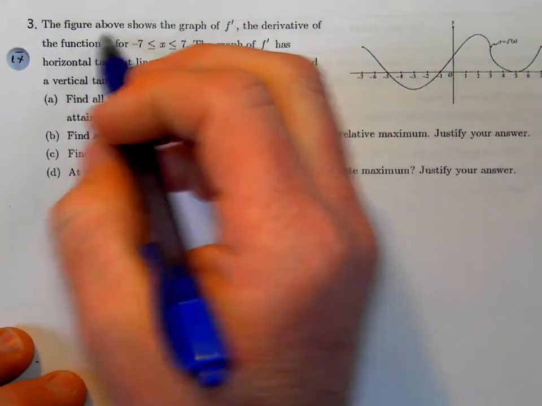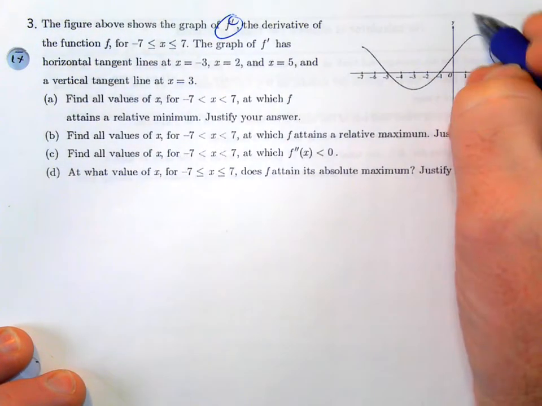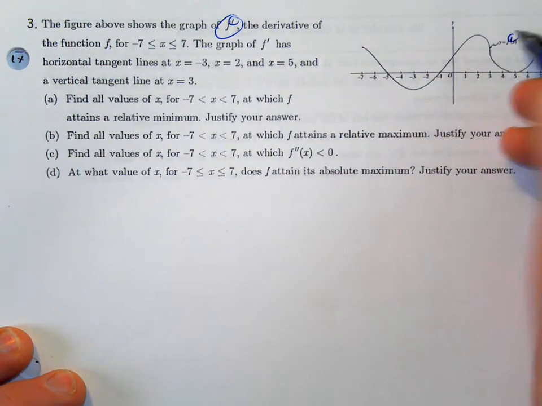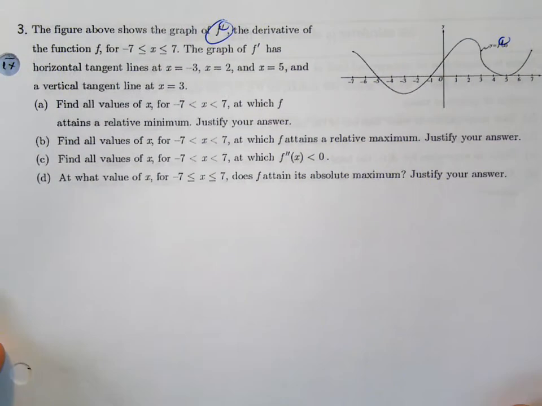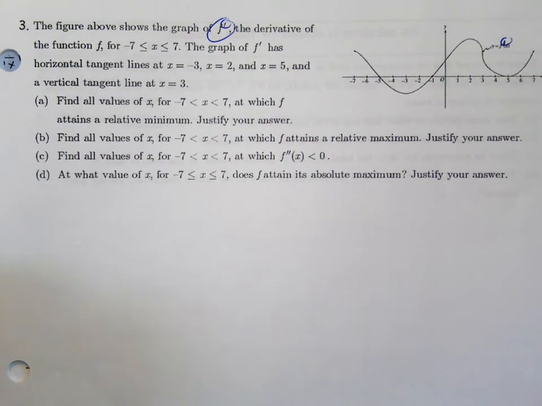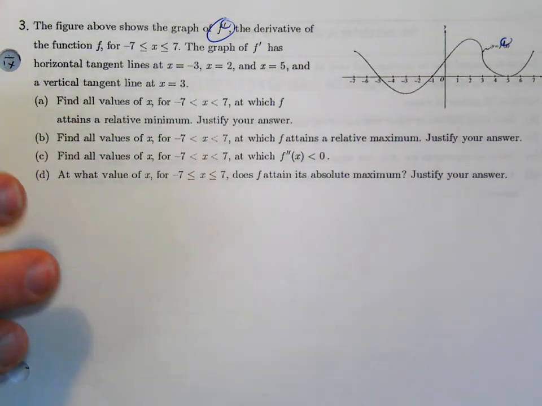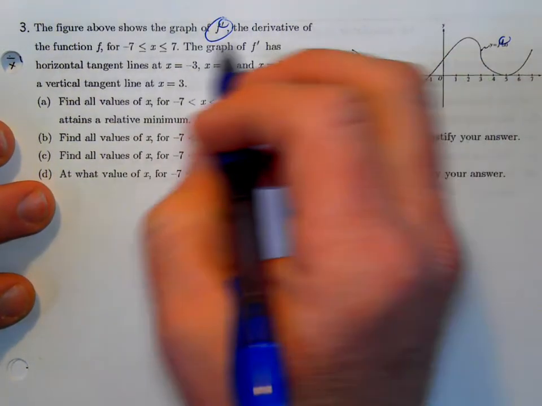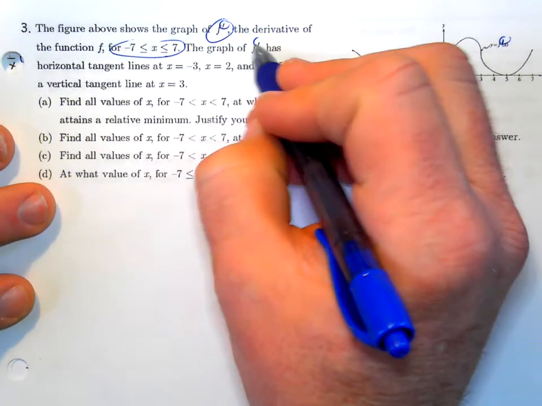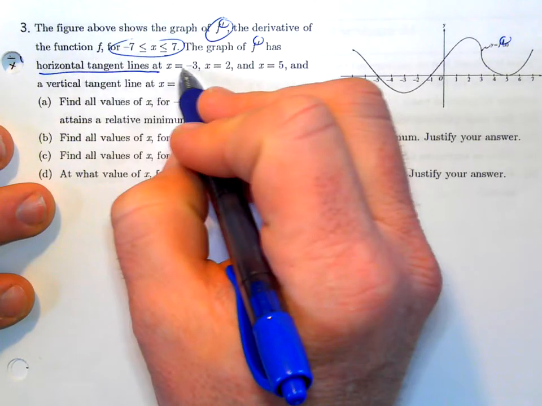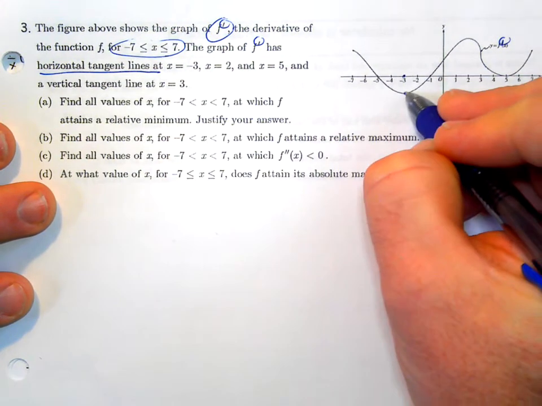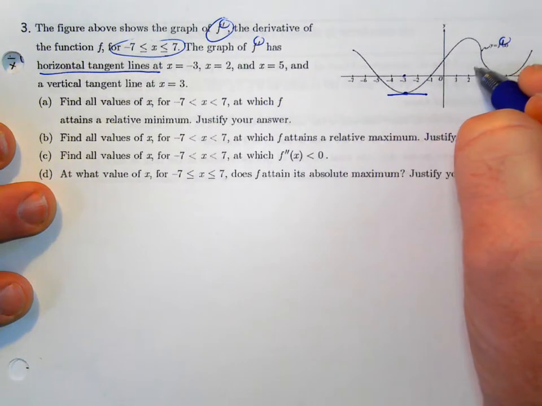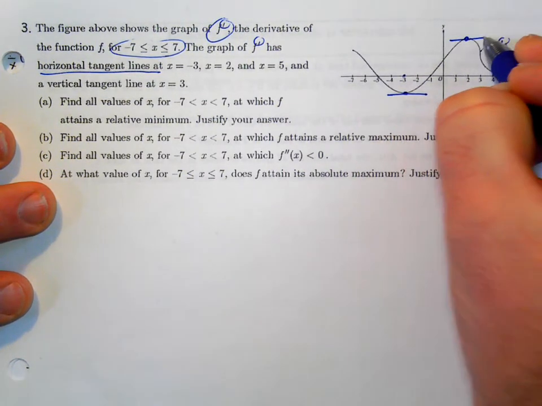The figure shows the graph of f prime. It's been a little while since we've done this, but we can analyze functions from the graphs of their derivatives and describe things that are happening on the original function. For the function from -7 to 7, the graph of f prime has horizontal tangent lines at x equals -3, 2, and 5, and a vertical tangent line at 3.